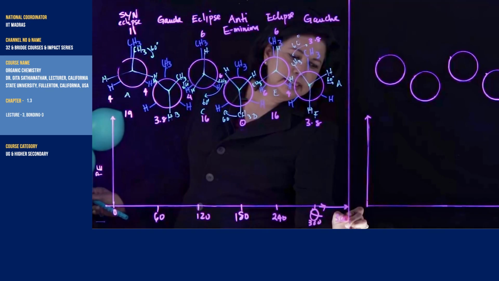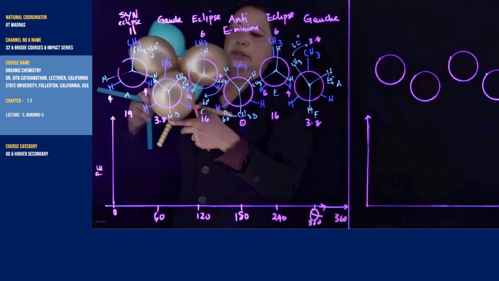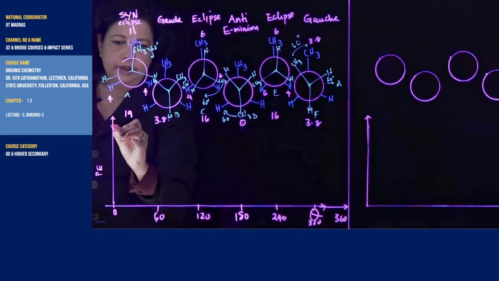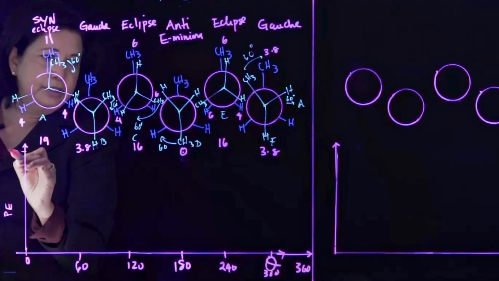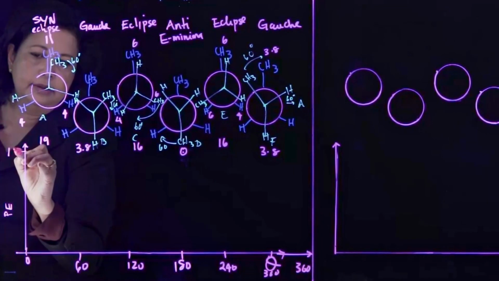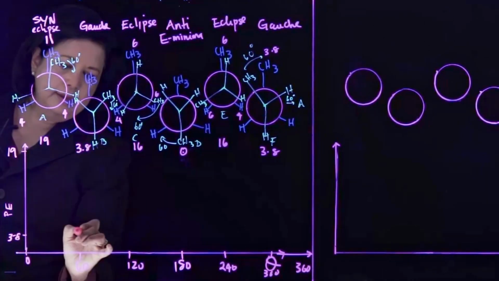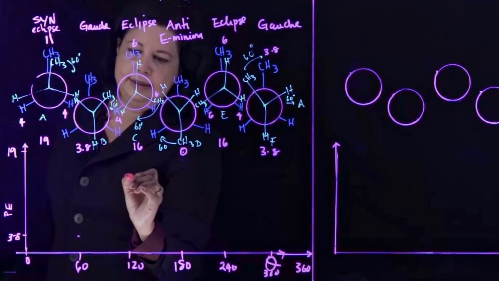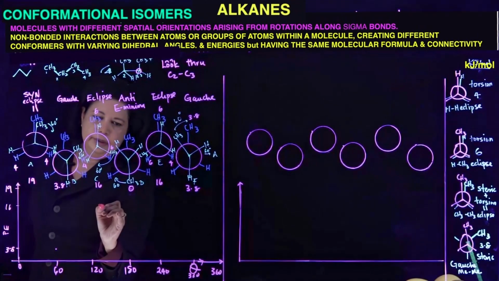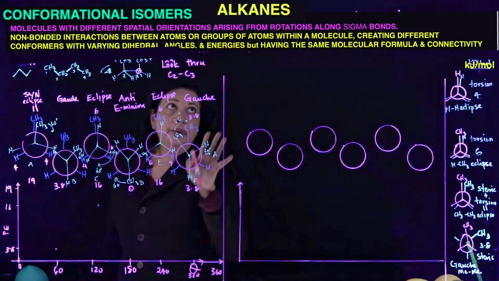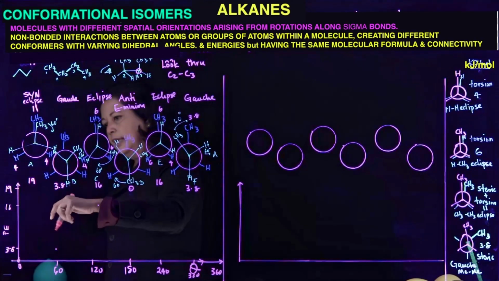I put 360, which is again going back to the original eclipse. So here you're going to have 19, and that's literally the highest over there. This is 3.8. And this is 16.